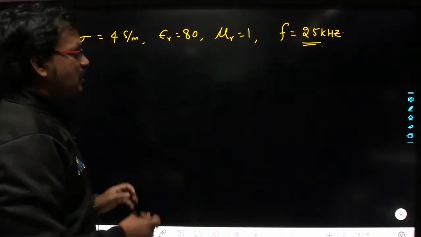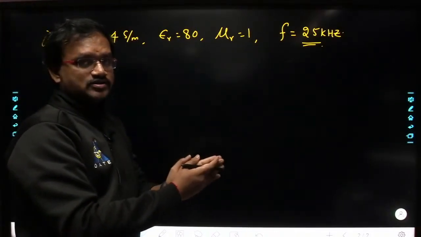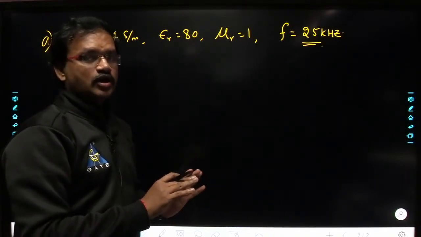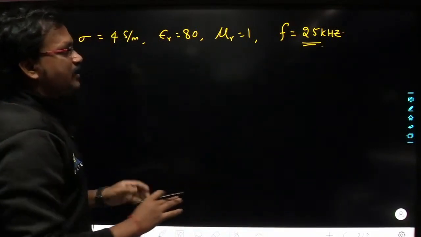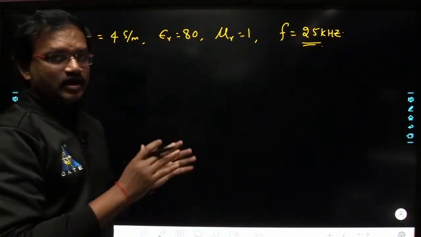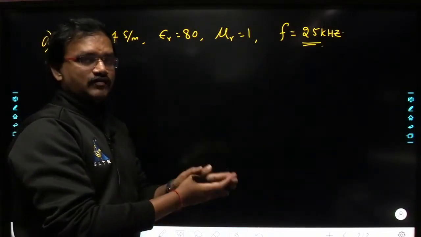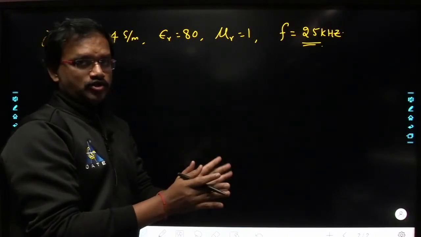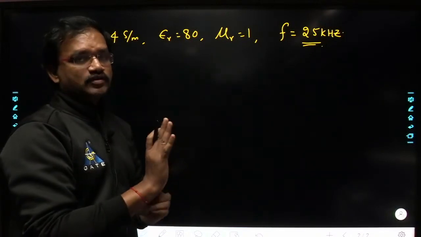That means by the time the signal reaches the target, it has to be attenuated to 90%. Yes or no? So 90% of the signal is attenuated, which means only 10% of the signal is left.